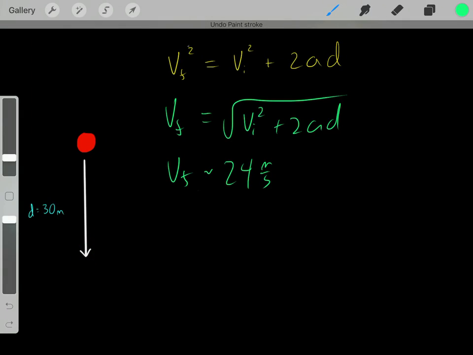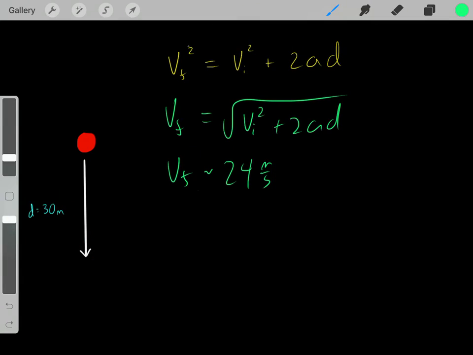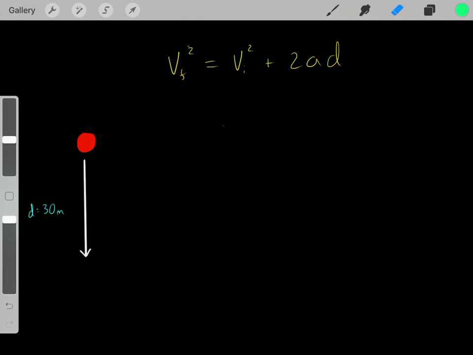At that distance of 30 meters, it would be traveling at around 24 meters per second. If it's going downward, that would be negative 24 meters per second. So that's how you use this equation. This is another common equation.